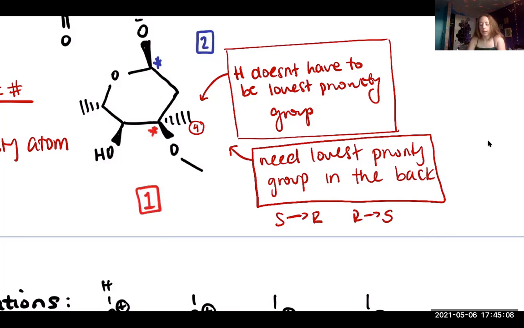And so we get the opposite configuration. That's kind of what the thumb trick is trying to show you, that we're really changing this molecule's stereochemistry to force the lowest priority group in the back. That's what we do when our lowest priority group is not in the back.